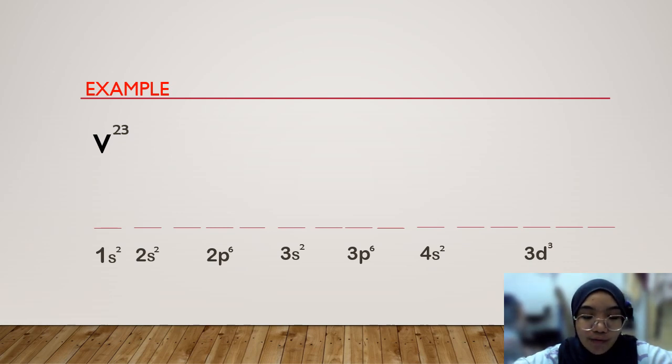Same as we did before, we must fill each orbital from the bottom all the way to the top. So the first orbital has 2 electrons, and we need to put opposite spins like this. Same with 2s2. Like we know, 2p6 is degenerate orbitals, so we need to fill them up one at a time with parallel spins, like before.